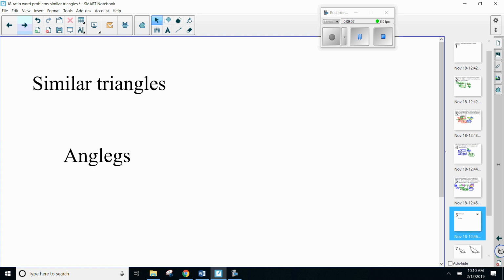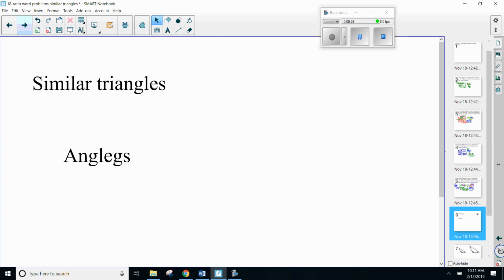Each one has a right angle, so this angle right here is the same. If I slide this up, you will notice that this top angle measure is the same in both triangles. So obviously this third angle measure is going to be the same. But the side lengths are different. Angle measures are the same, but the sides are different. So they are similar triangles to each other.